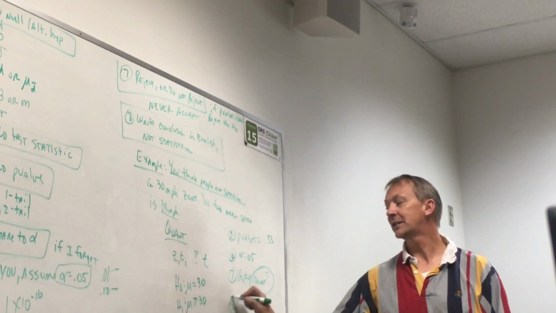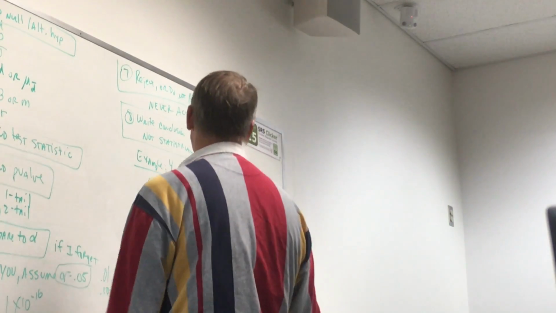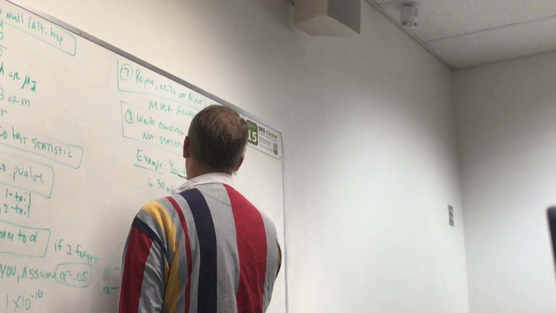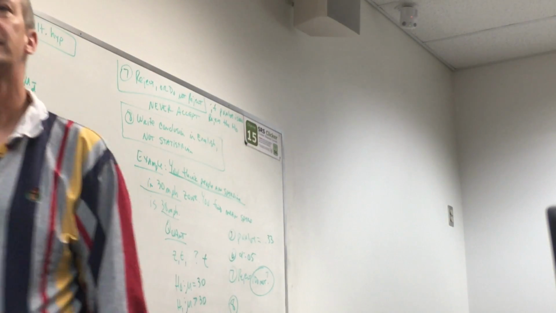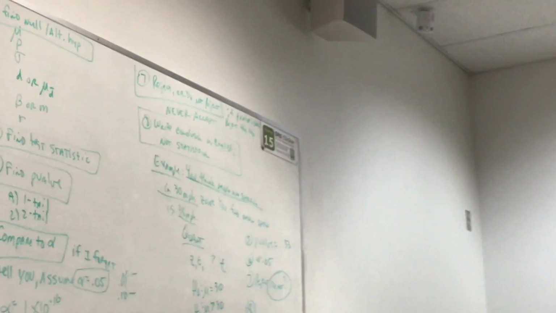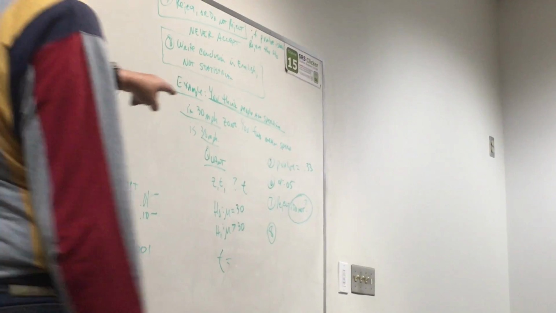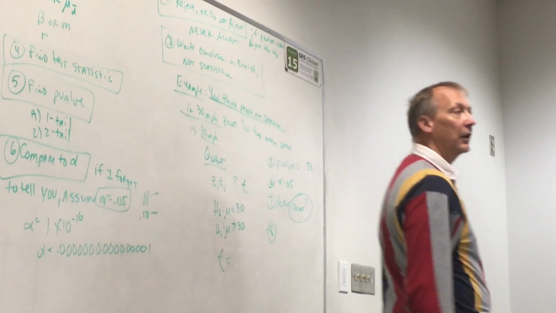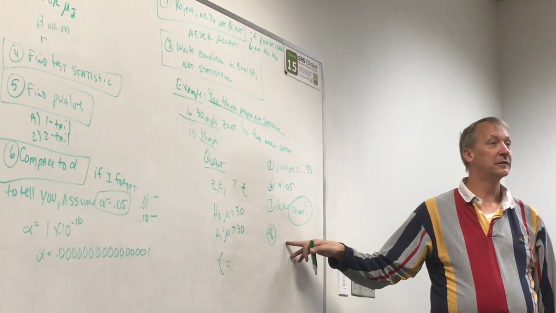So step 8 says, write the conclusion in English. What do we want to know? Really, we're asking, are people speeding? What's considered a low p-value? Lower than 0.05. Oh, okay. Are people speeding?